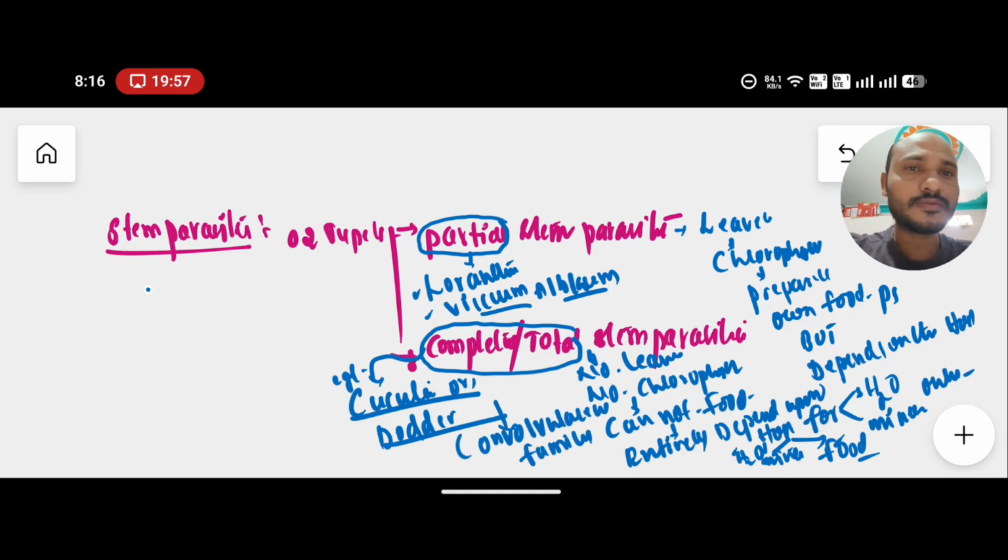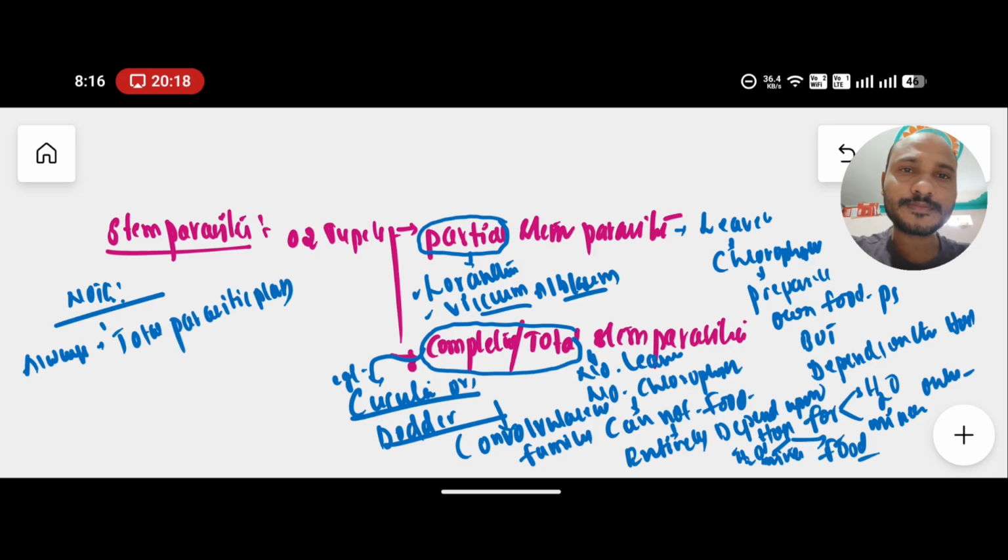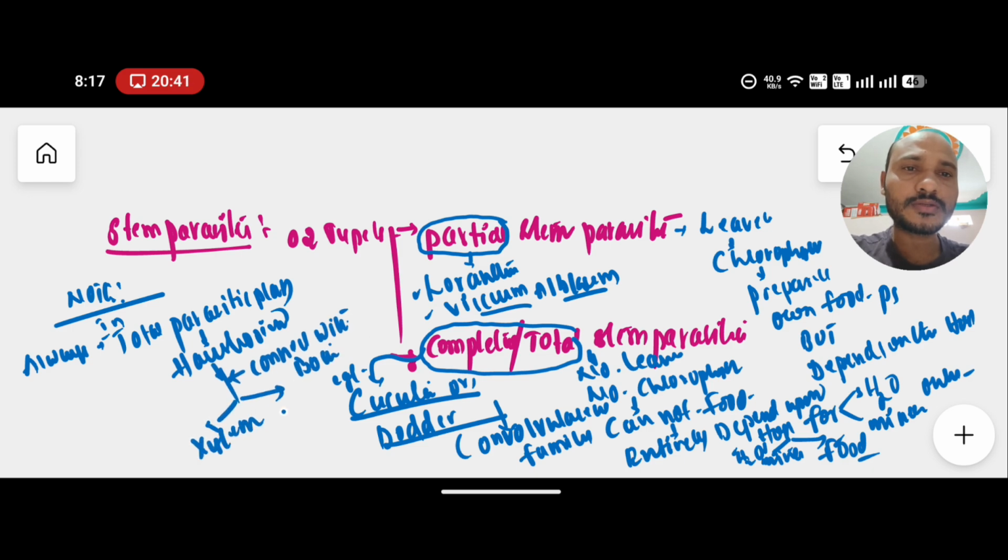And here is one important note I have to give you, so always remember. Total parasitic plants, either root or stem, have a specialized, modified structure that is the haustorium, which connects with both tissues, xylem and phloem. Why do they connect xylem?